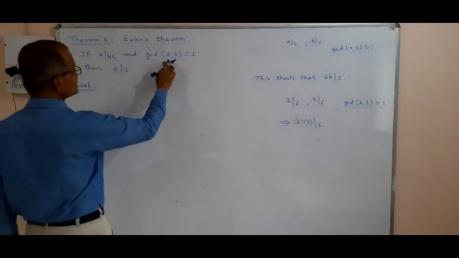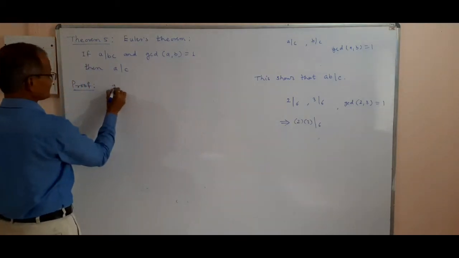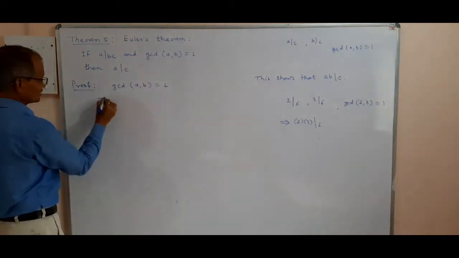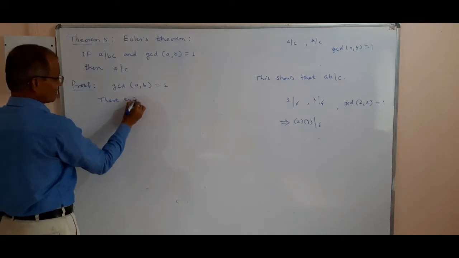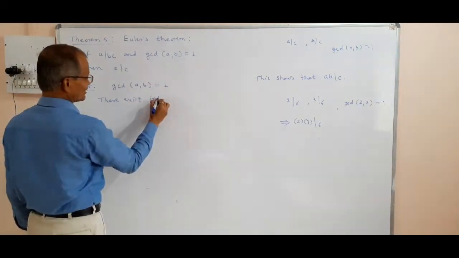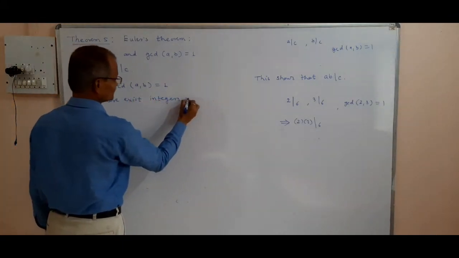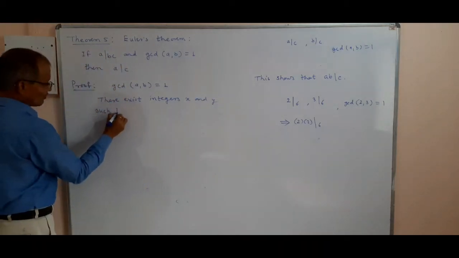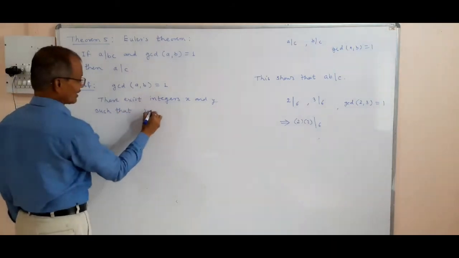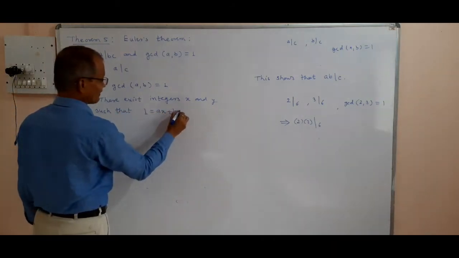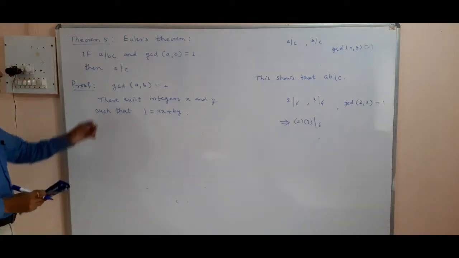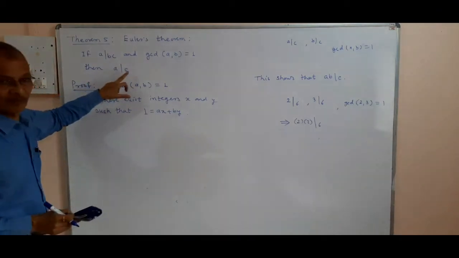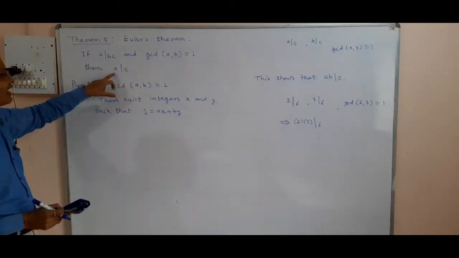First we shall consider GCD of AB is equal to 1. And this will imply there exist integers x and y, Theorem 3, such that 1 is equal to ax plus by. Now what we want to show, A divides C. So we want to show C is a multiple of A, means we want to express C as A into some number.